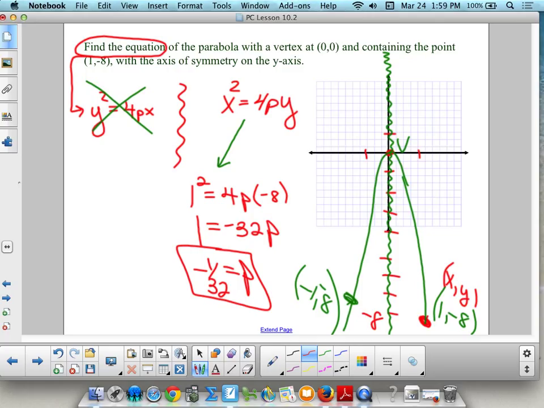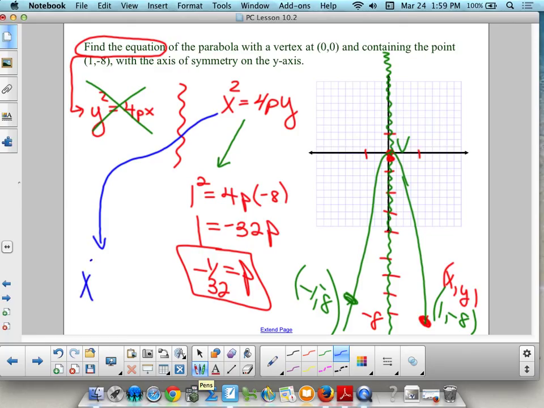So, to me, it says go down 1/32. That's hardly anything, guys. I'm not asking you to graph that, just that's where it is, though. That's the focus. Okay? How do you write the equation? You have to come over here still and write the equation.